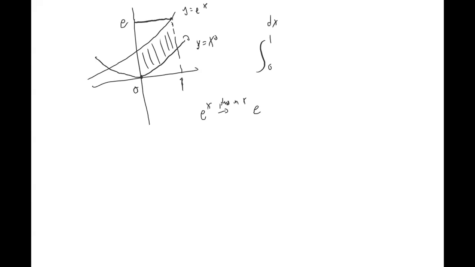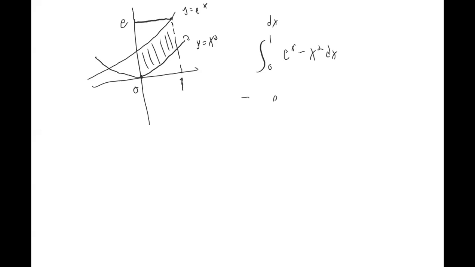Now, again, it's top minus bottom. So what is the top? You have 2 functions to choose from. Yeah, e to the x. So e to the x minus the bottom, which is x squared. Agree?